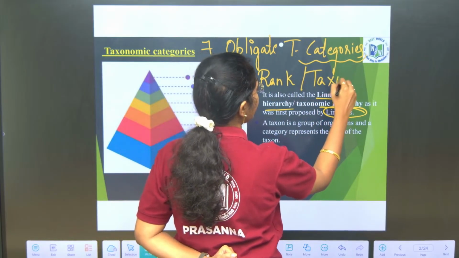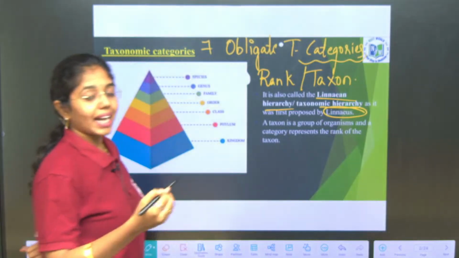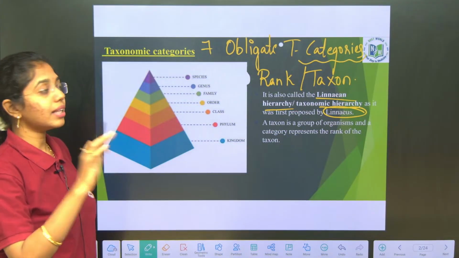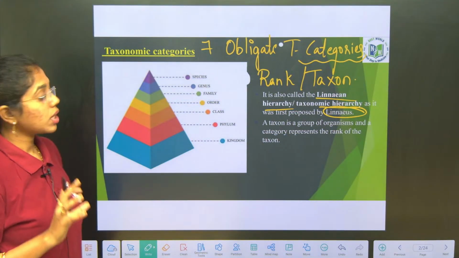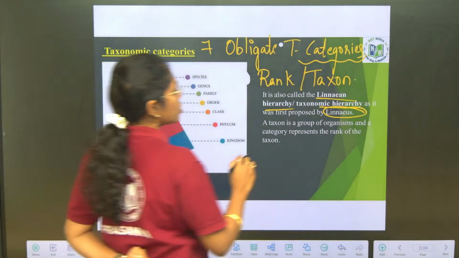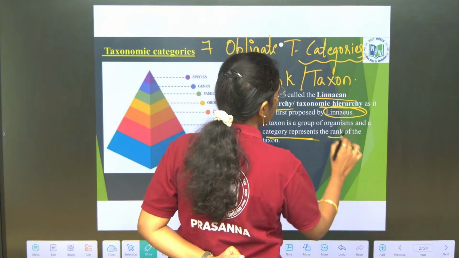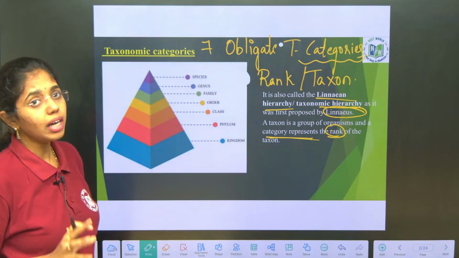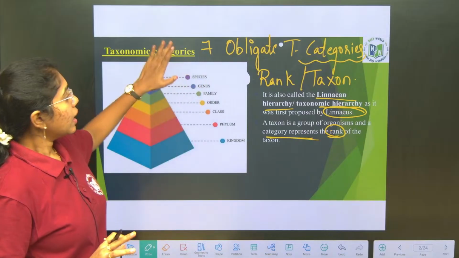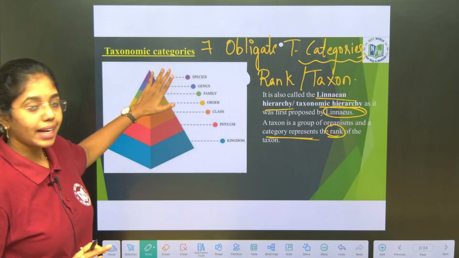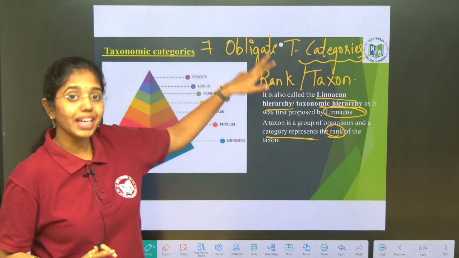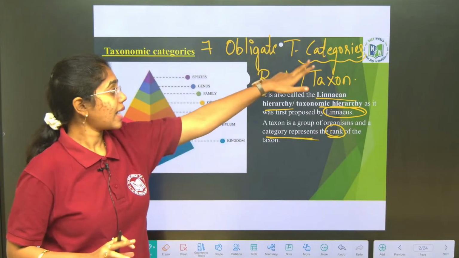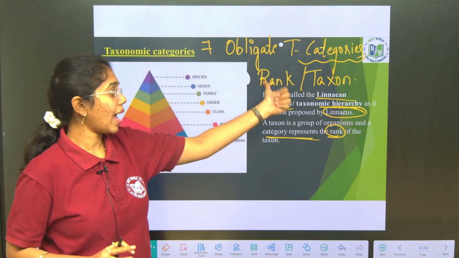These can be used as synonyms. A taxon is a group of organisms and a category represents the rank of the taxon. Nothing but taxonomic hierarchy or Linnaean hierarchy includes 7 obligate taxonomic categories. Category is also known as rank or taxon.